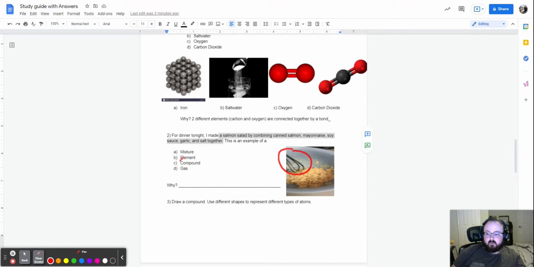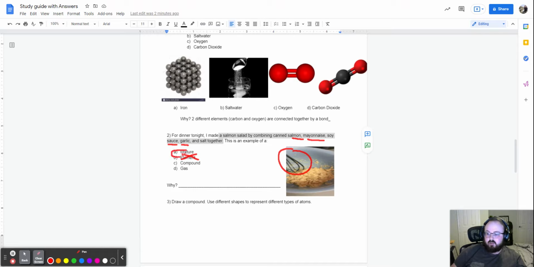So it's not an element because there's a whole bunch of stuff, right? Salmon is very different than mayonnaise, right? And soy sauce, garlic, those are all different compounds. Mayonnaise has a whole bunch of different ingredients. So it's definitely not just a single element. And it's not just a single compound because there's a lot of different compounds that I've put together and mixed.